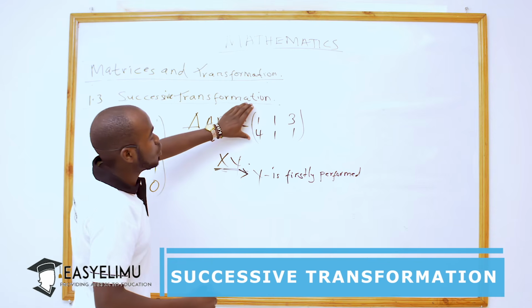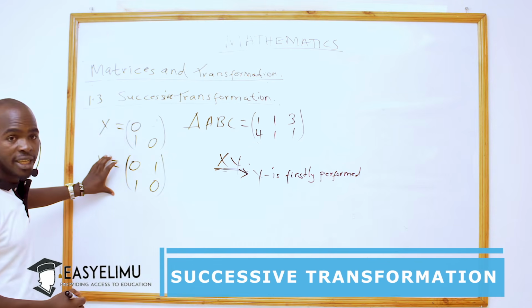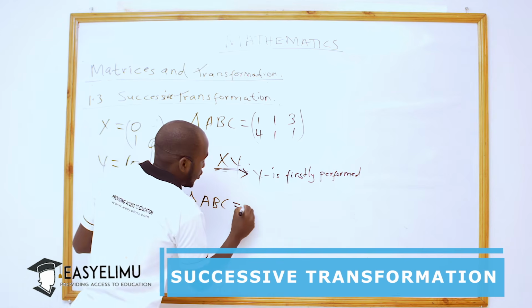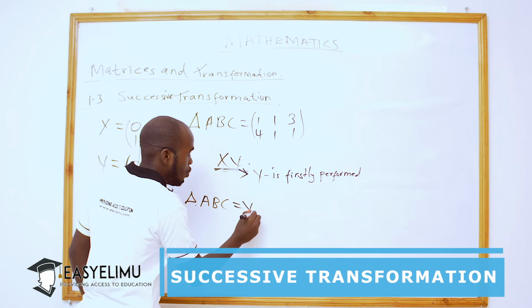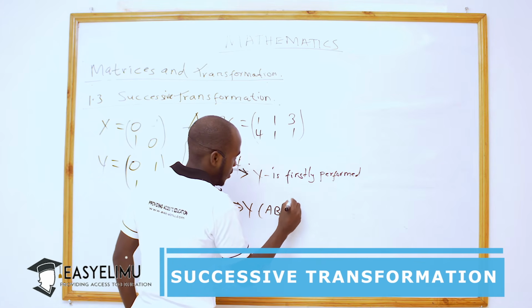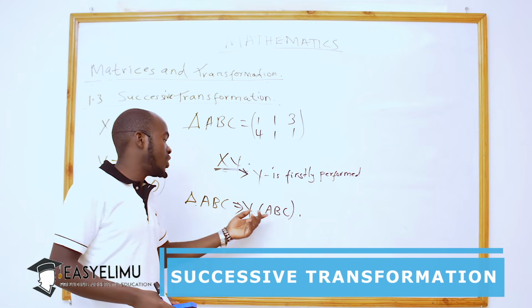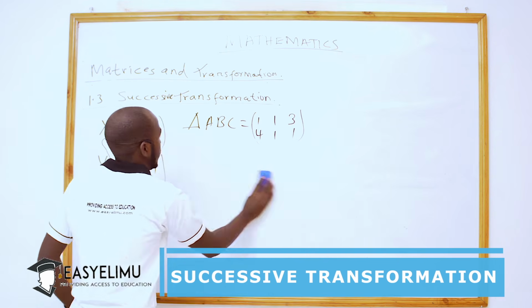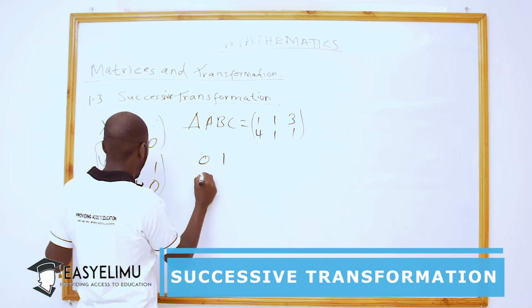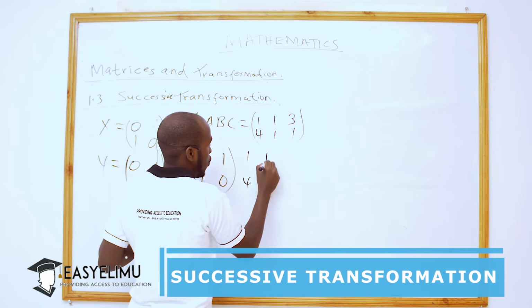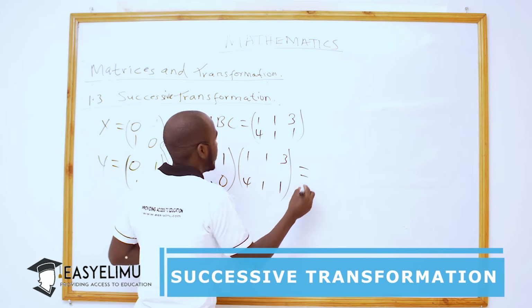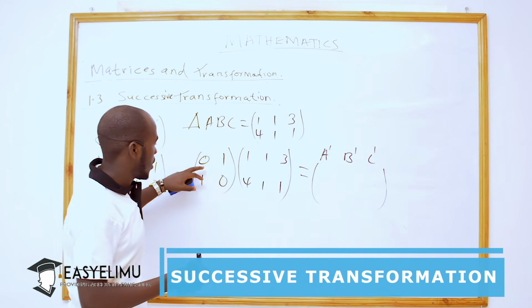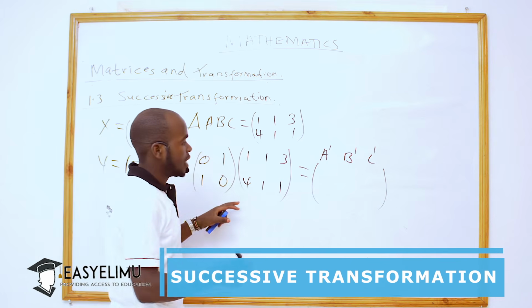That means that if you want to transform this one through these two transformations, then we shall first subject triangle A, B, C through transformation Y. We shall first find the first image, that is 0, 1, 1, 0 times 1, 4, 1, 1, 3, 1, and we get the first image of the triangle, A prime, B prime, C prime. 0 multiplied by 1, 1 by 4, we get 4.